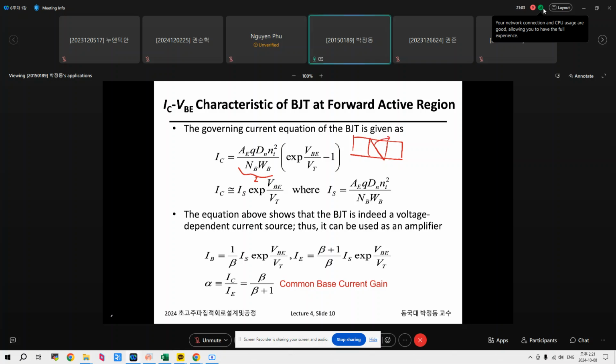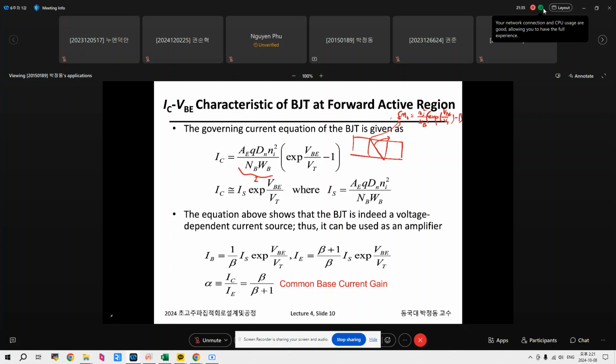The initial value of the minority carrier is ni squared divided by NB, the base impurity density, and this is proportional to VBE minus VT. So we are considering delta.